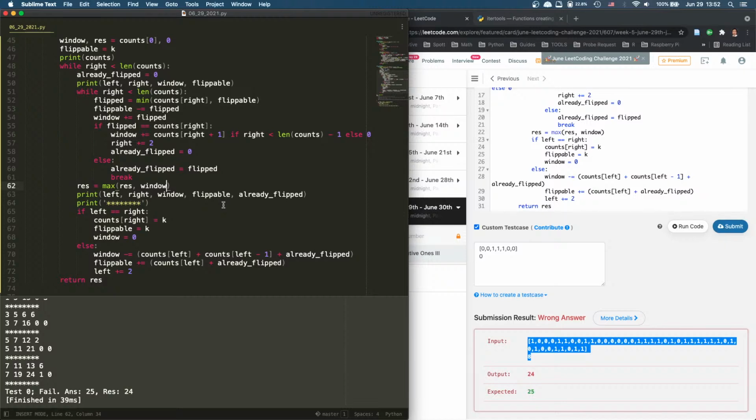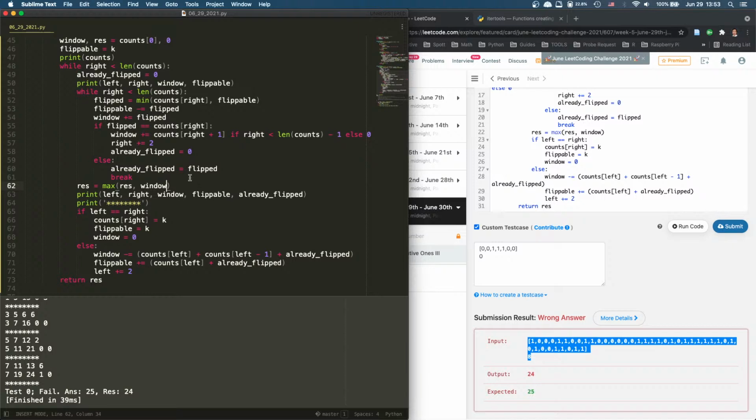After we flip 5, we still have flippable left, right? We still have flippable left. Now the question is if there's more to the left that I can flip. Yeah, we're talking about wrapping around. This is the wrapping around case.